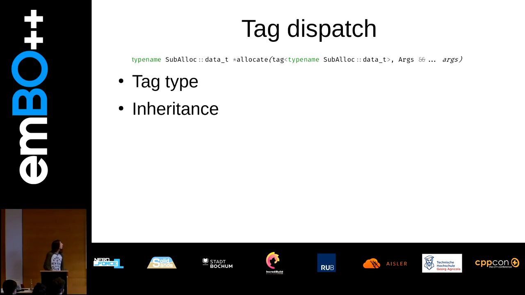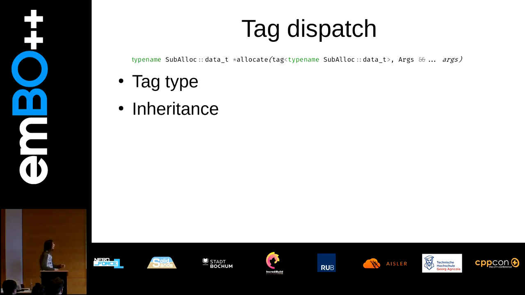So a bit about the allocate function. As you can see, it's a tag dispatch function, which basically means that as the first parameter, we use a tag type, which is an empty type, which you only instantiate to change which function you call.